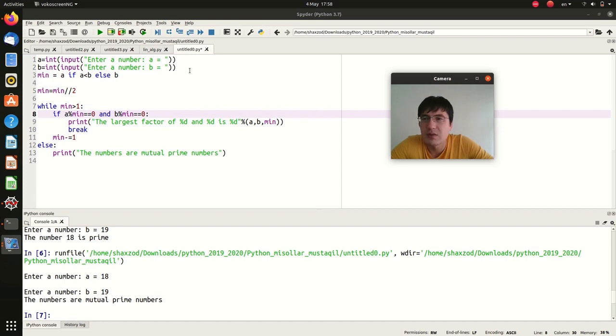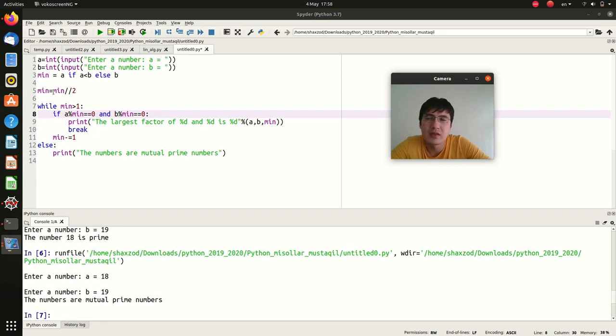After entering two numbers, the program finds the minimum of them by using this row. Minimum is equal to A if A is less than B, else minimum is equal to B. After this, we will take half of this minimum.